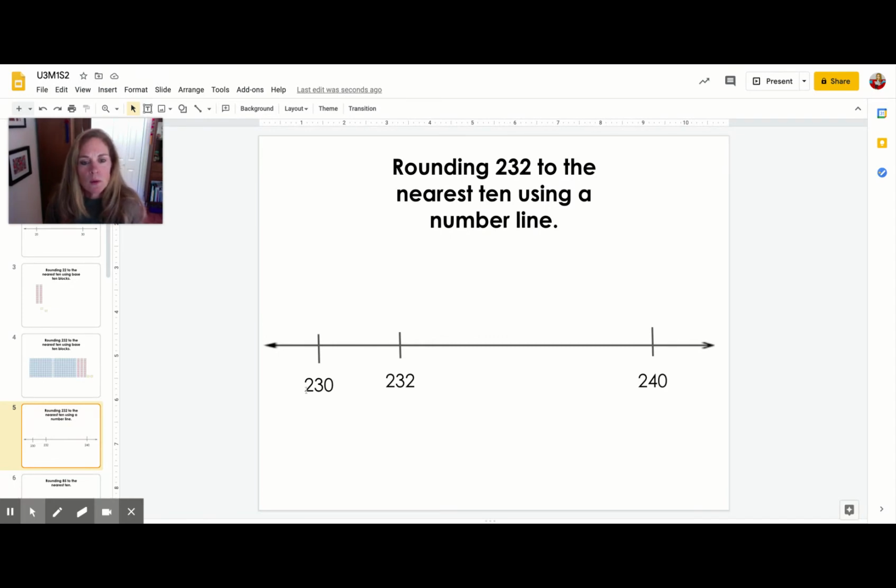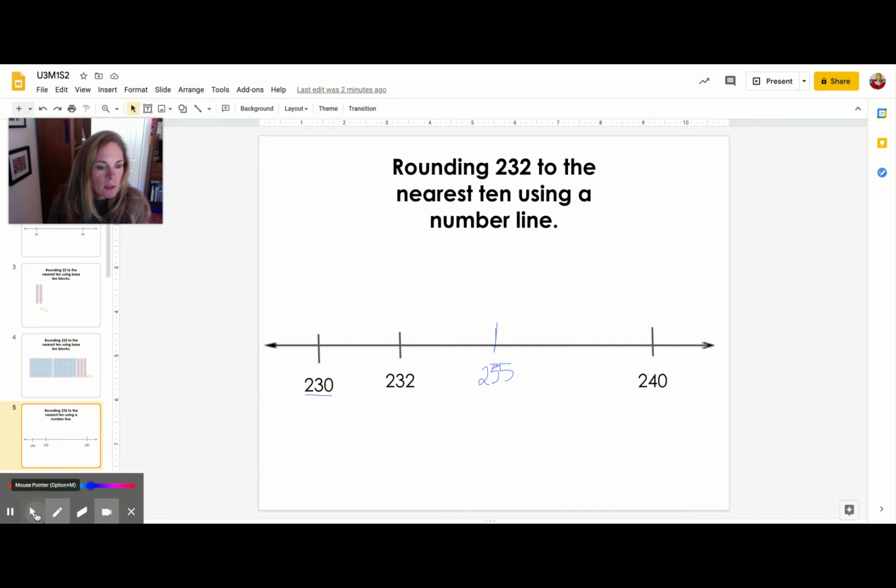Here's 230 and 240. And here is 232 on the number line. And again, we can draw in the midpoint, which is 235. And you can see that since 232 is closer to 230, you would say that 232 rounded to the nearest 10 is 230.